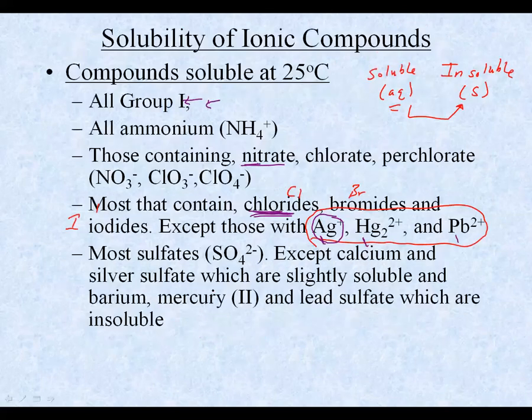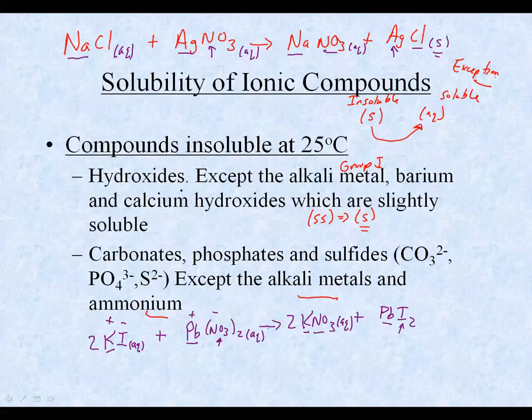So when we come here, we see that iodide is soluble in everything except for mercury, lead, and silver, which in this case, it is hooked up with silver, which means it goes from, like we have up here, because it's an exception, it goes from being soluble to insoluble in this case. And this is actually going to be the solid that's being made here.